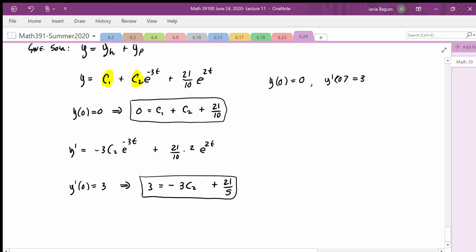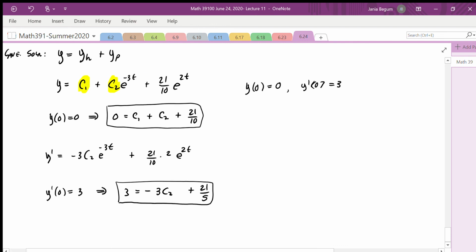So let's find these values. If I continue solving this for C2, I'm going to subtract 21 over 5 on both sides. That gives me negative 6 over 5 is equal to negative 3 C2, which means C2 is 2 over 5.